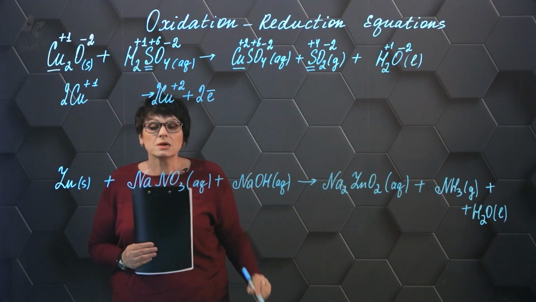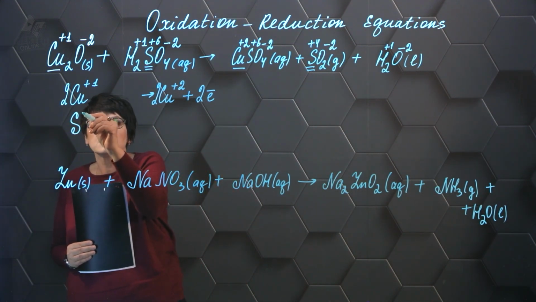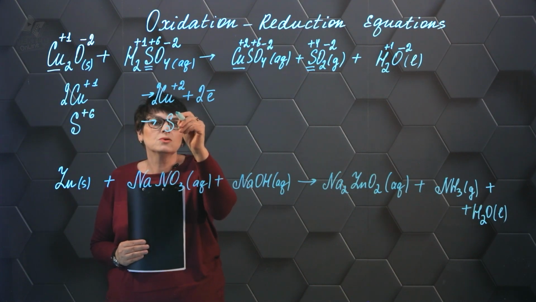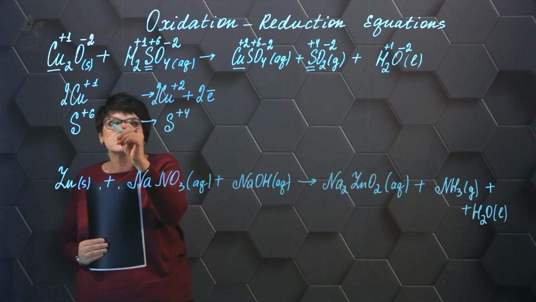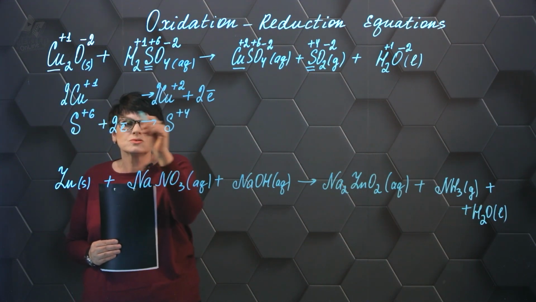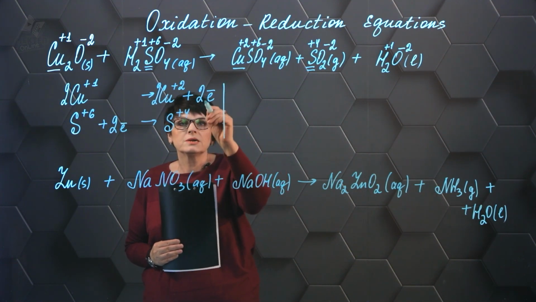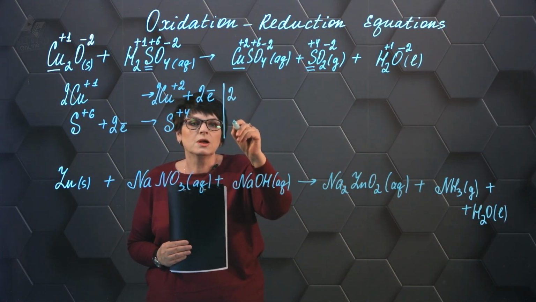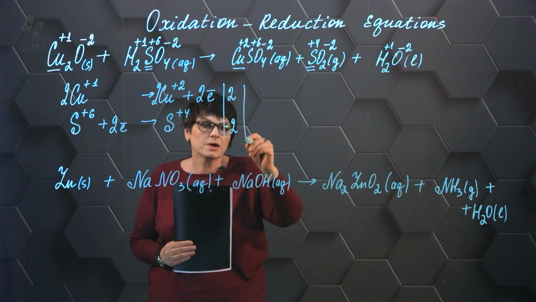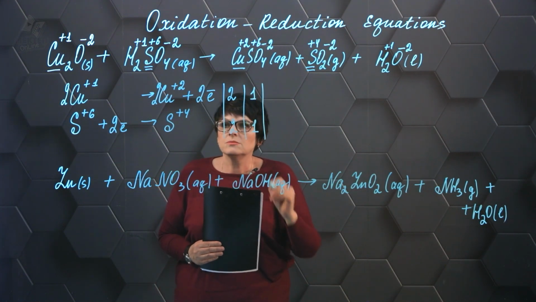Additionally, let's consider the next element, sulfur, which changes from +6 into sulfur +4. Sulfur will thus accept 2 electrons in order for this transition to be possible. Now, we take the numbers we found across the line. The number of electrons given and electrons received, we have got 2. They are reduced to 1 and 1, and the copper acts.